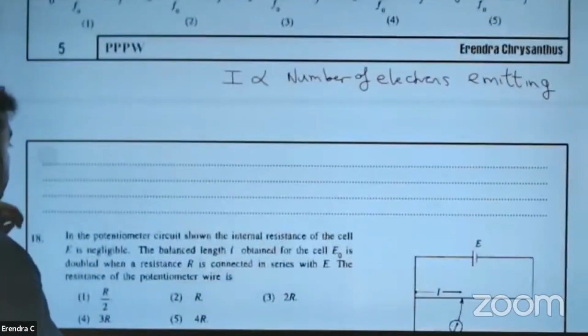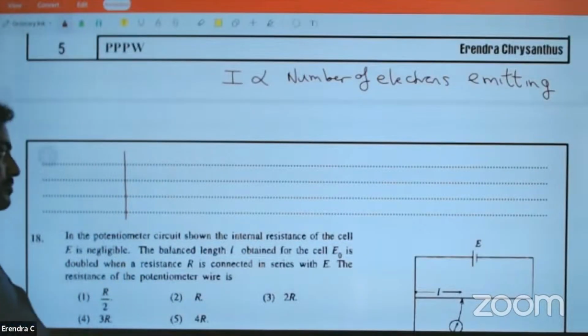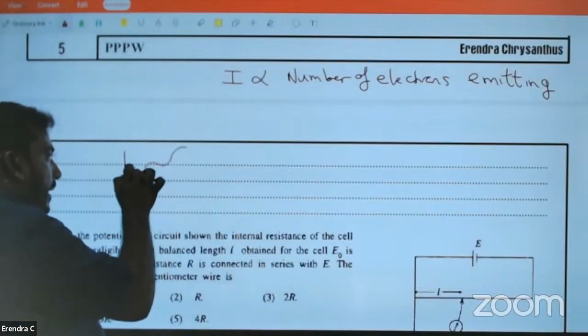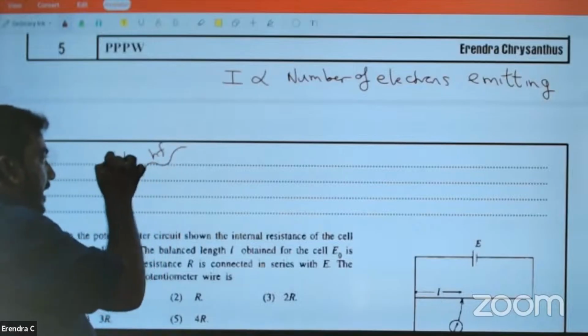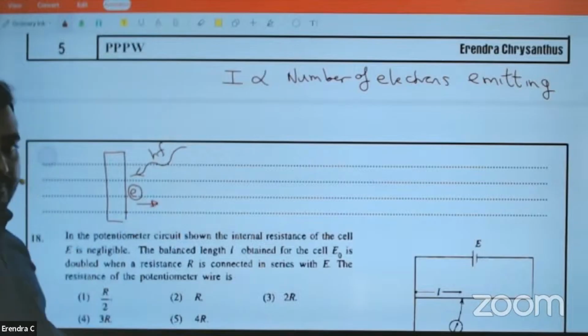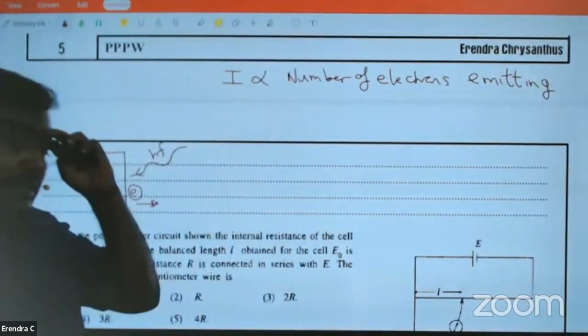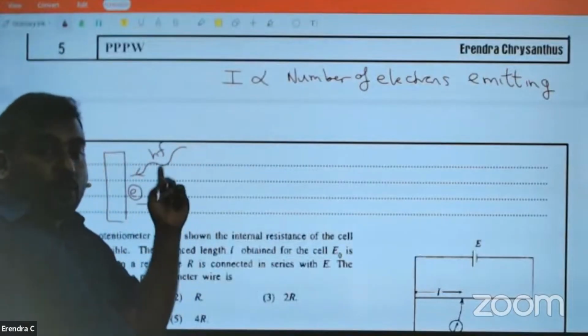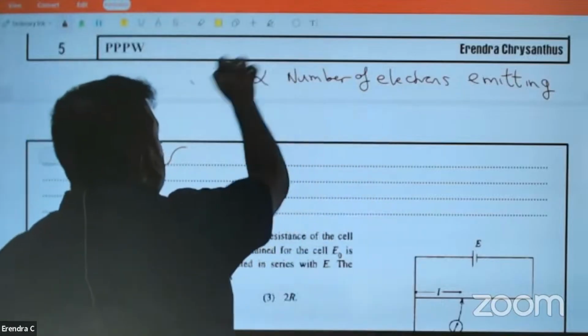Very simple. There is a metal surface. Electromagnetic waves come and strike the metal, causing electrons to be emitted. Now they have found out that the number of photons hitting the metal surface is proportional to the number of electrons emitted.